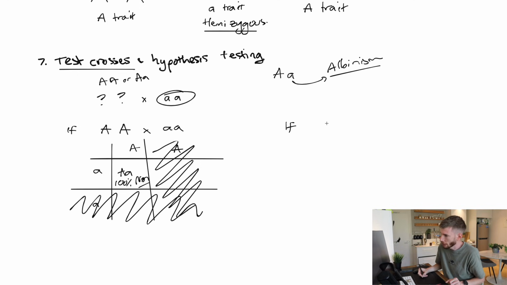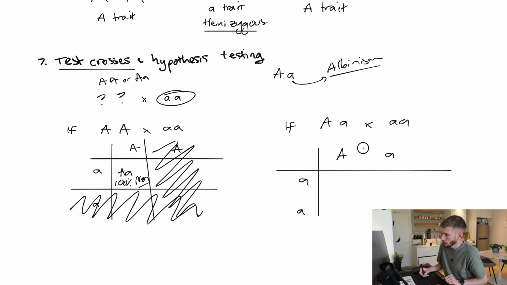If, however, they were actually heterozygous, and we cross them with that homozygous recessive individual, then we've got a couple of different options. We can see now their gametes, or the cells that they're producing, are different, so we consider both.